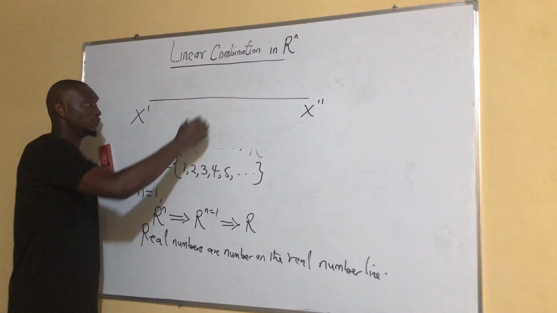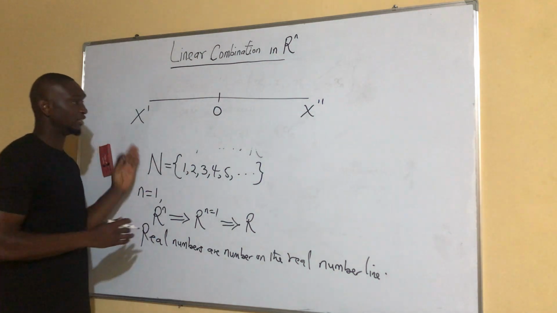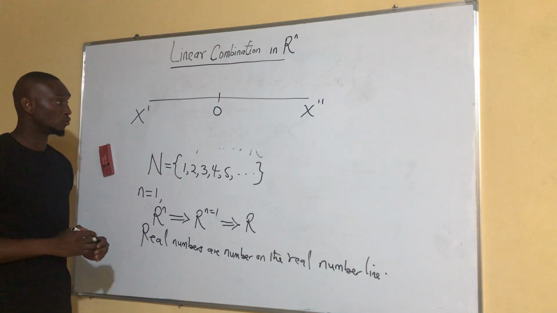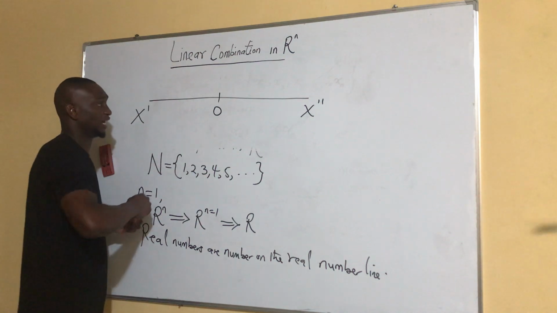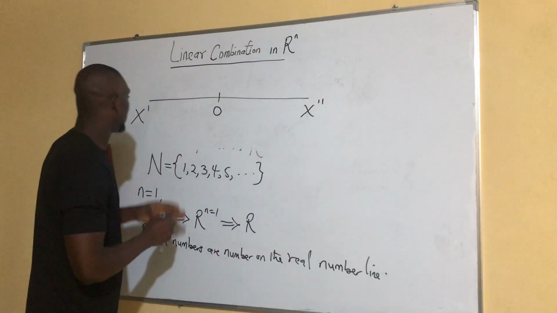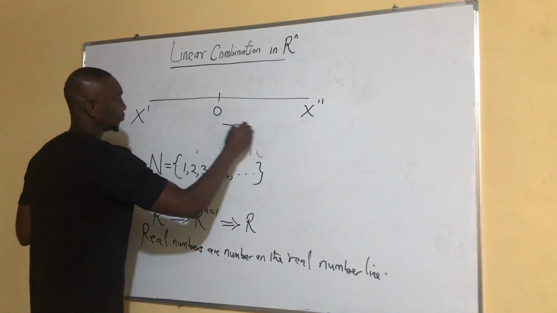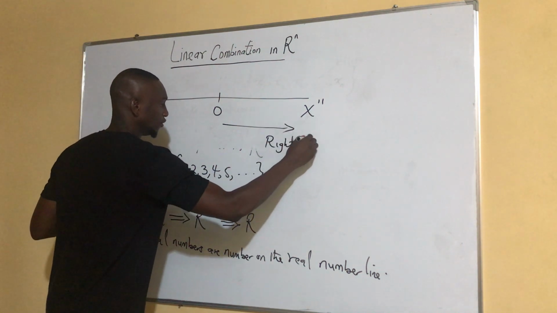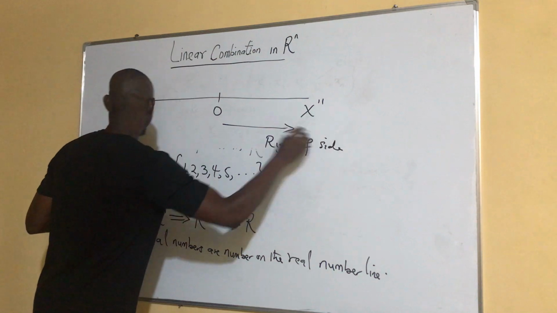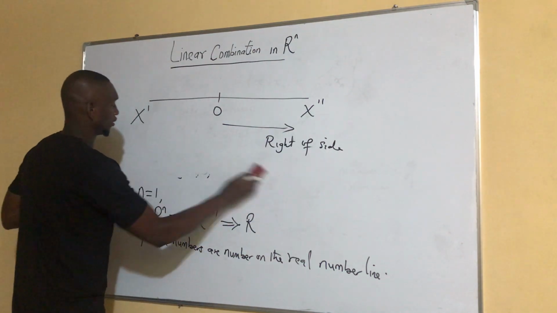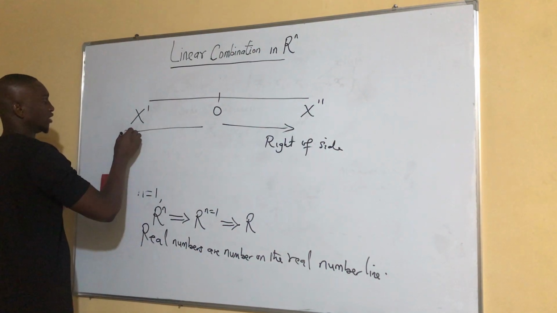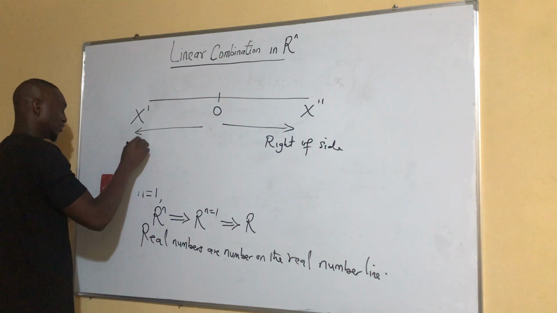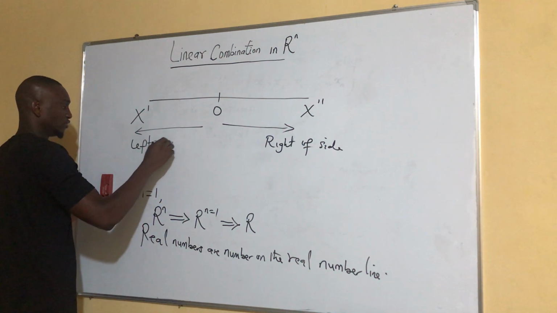Now, we have 0 dividing the number line into 2, and we have the parts that are the right side of 0 and the left side of 0. These other parts are to the right of 0, and this other side, you say they are the left side of 0.